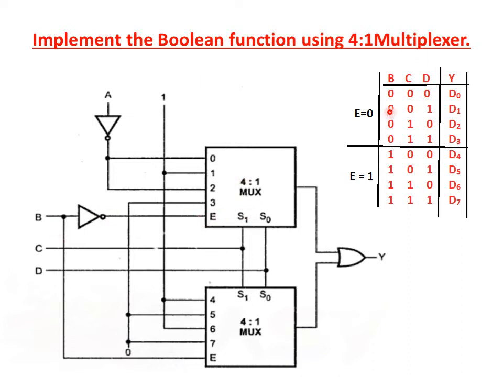So for the first 4 combinations, B acts as an active low enable, and for the second 4 combinations, B acts as an active high enable. For the first 4 combinations we get output from multiplexer 1, and for the remaining 4 combinations we get output from multiplexer 2.